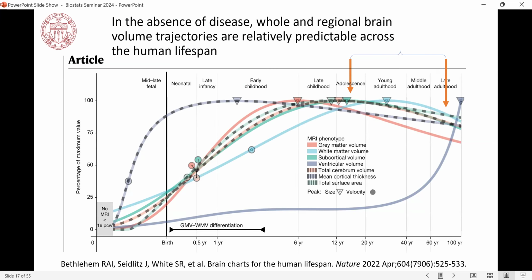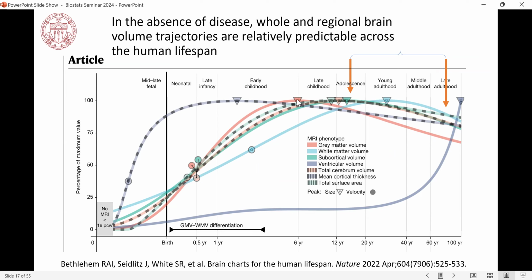First, look at white matter and gray matter, from birth to adolescence to adulthood. Of course the brain grows, but the gray matter grows faster than the white matter. The white matter is a little bit delayed.